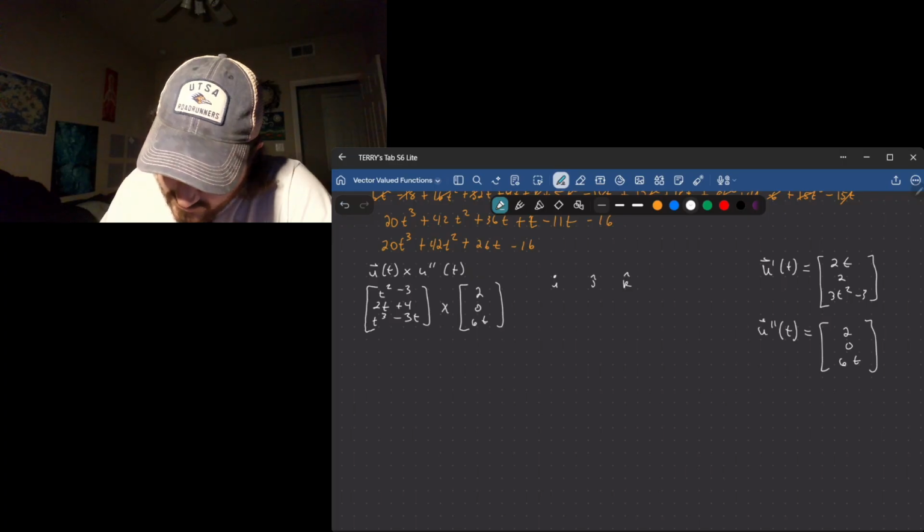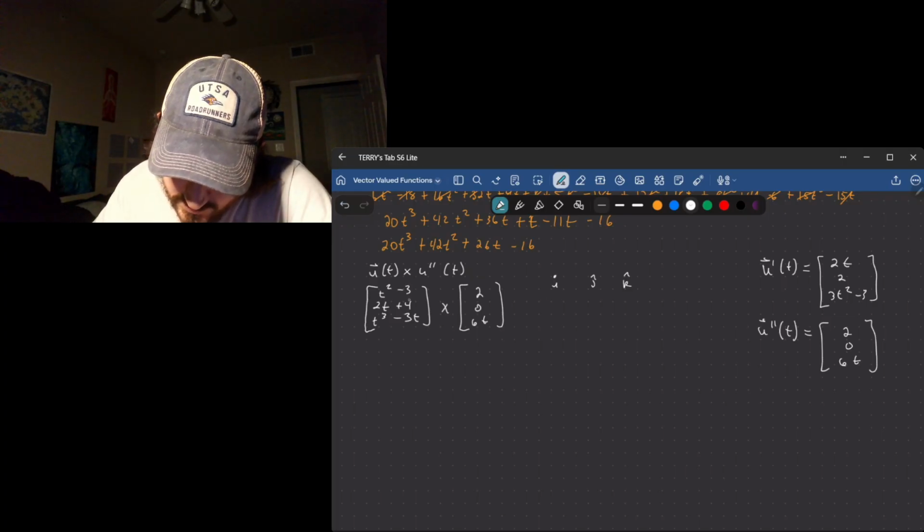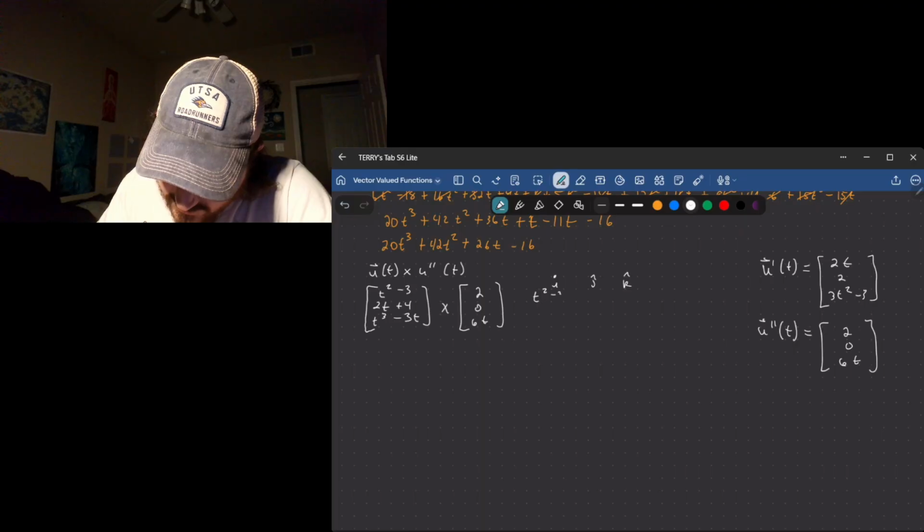So we're going to take this first vector as our first row: t squared minus 3, 2t plus 4, and t cubed minus 3t. And then our other vector is our other row: 2, 0, and 6t.